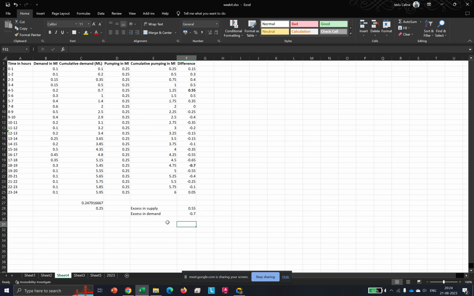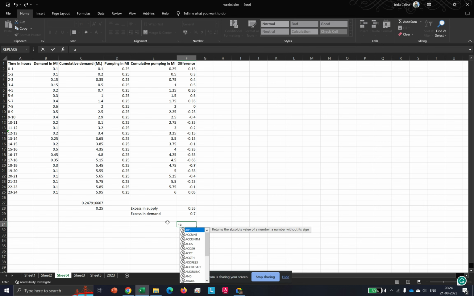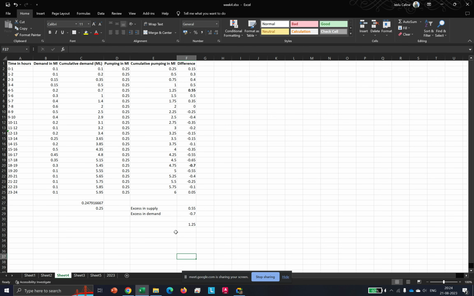So now we need to add them up: excess demand plus excess supply. So now I need to take the absolute value. So in Excel, we have ABS, which gives us the absolute value, and ABS of the demand also, which will give us the total capacity which is needed.